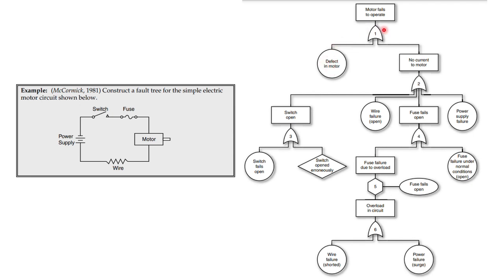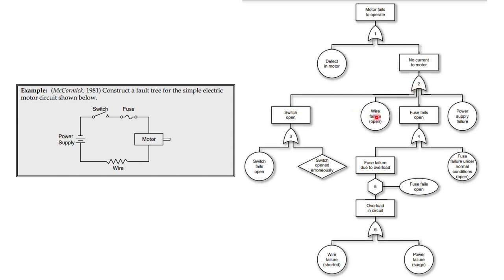And on the other side, no current to motor. It means that no flow of electricity is present on the motor. That's why it fails to operate. And with this event, it has some succeeding reasons which we are going to know more about using these causes. First, the gate used was an OR gate.